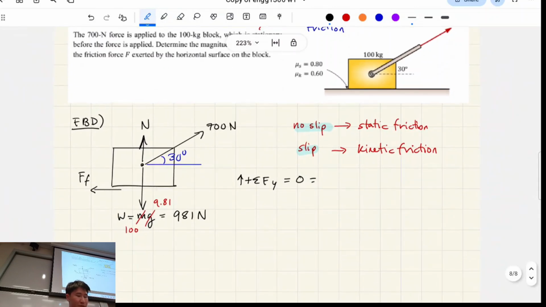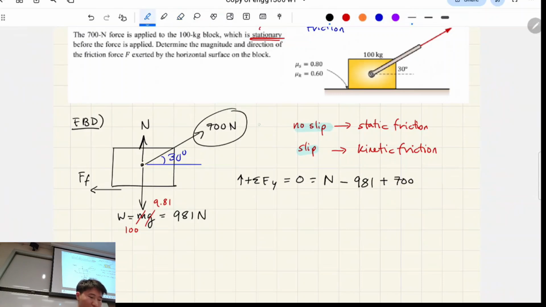So it's gonna be sum of the forces in the y direction is 0, and so all the upwards facing arrows, like N, you can do upwards, and the downwards ones, like weight, gonna subtract it, right? And also, we're gonna add the vertical component of the diagonal force here.